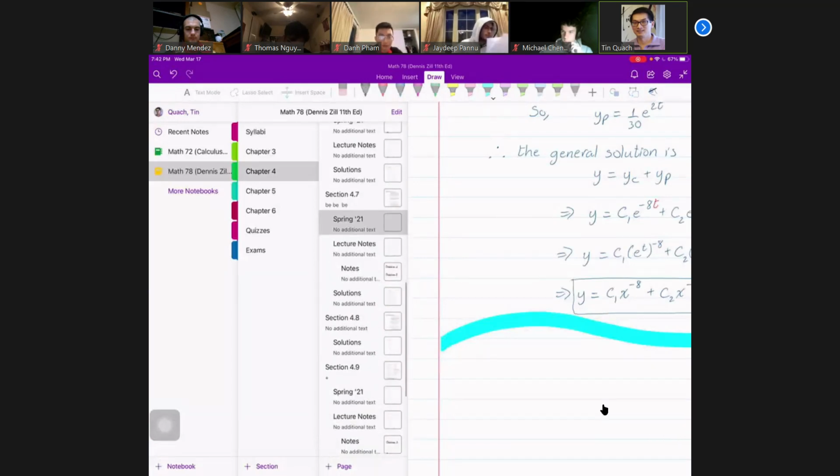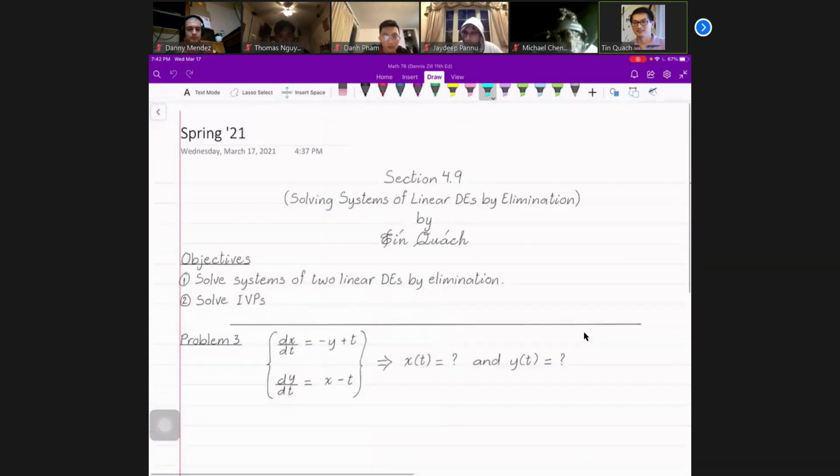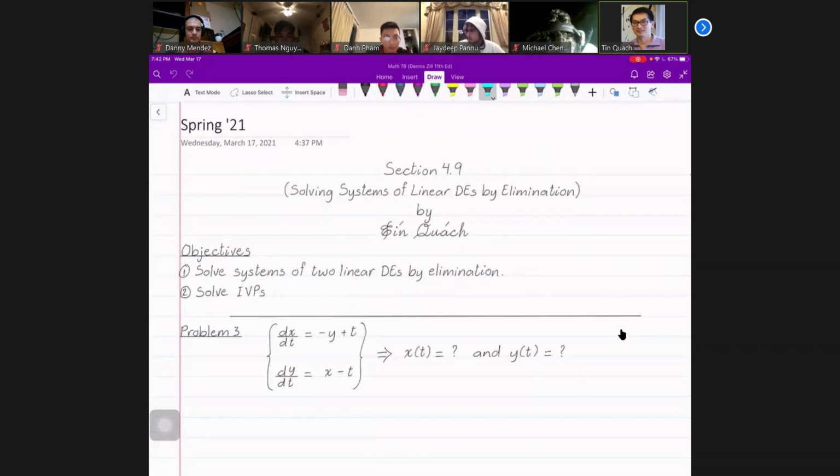Let's do that. So let's go to 4.9. Okay. So what is 4.9? Let me go to my, I still have to use my Surface to change the date. Because I cannot, you see, like the date right here, I cannot even make it change on here when I use OneNote app.